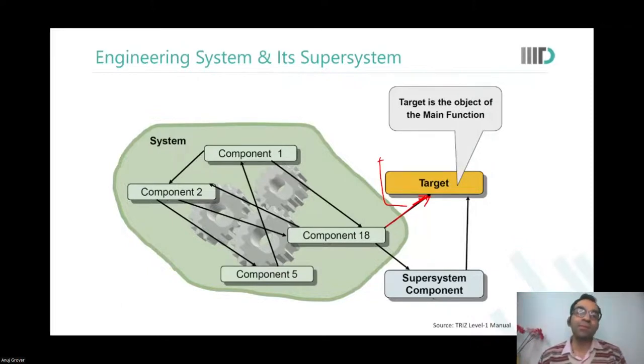Whatever else we do to improve the engineering system, the target should still get its main function resolved. Whether component 18 does that main function, or I reassign and repurpose component 1 to do that function, that is a different thing. But the main function cannot be deleted from a system, because that is the primary reason why the system existed.